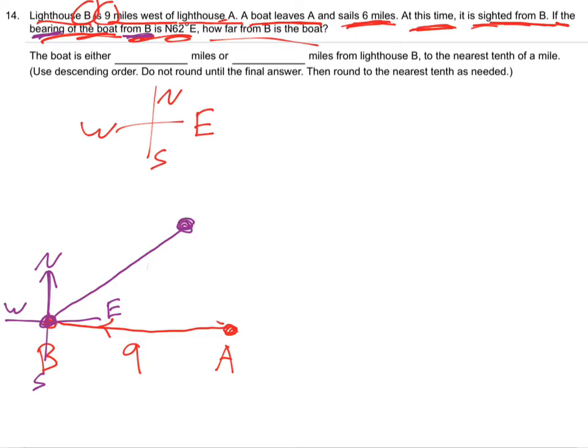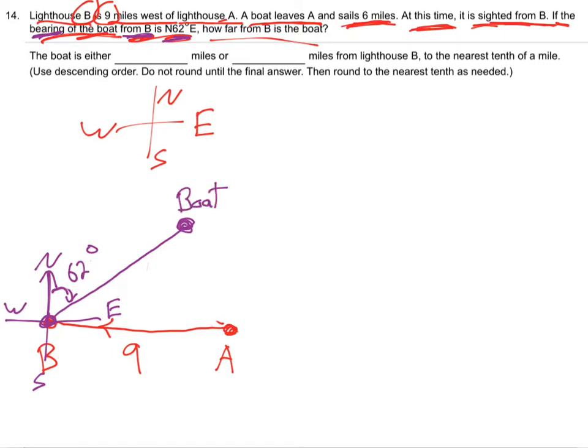It's north, and this is 62 to the east of north. See what's being said there? North, but not straight north, 62 to the east of north. Let me make it a little better, 62 there. Here's the boat. All right.